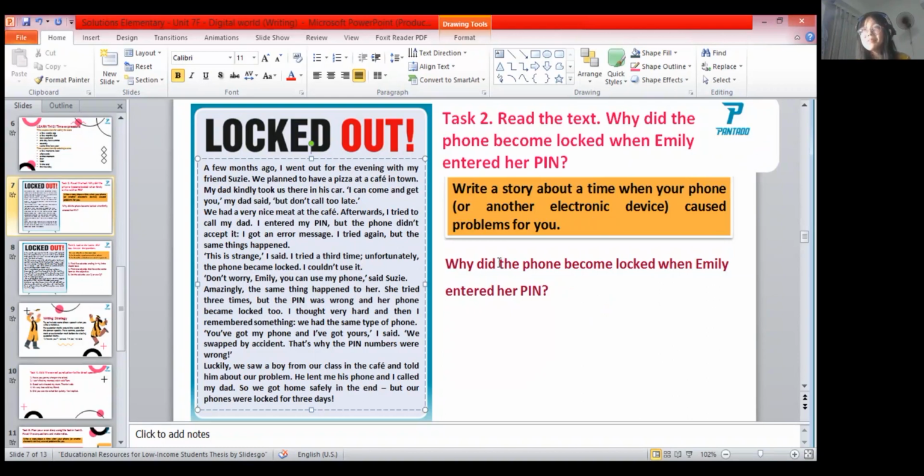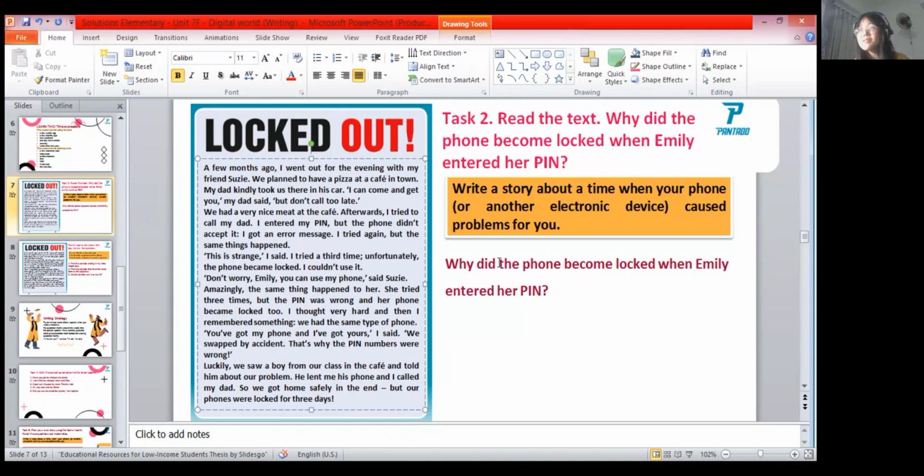Unfortunately, the phone became locked. I couldn't use it. Don't worry, Emily, you can use my phone. Thanks, Susie. Amazingly, the same thing happened to her. She tried 3 times, but the PIN was wrong and her phone became locked too.